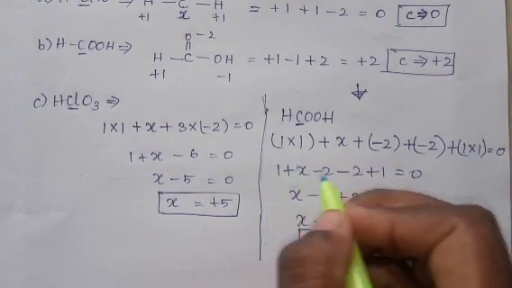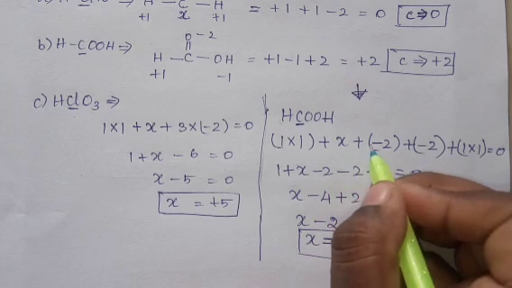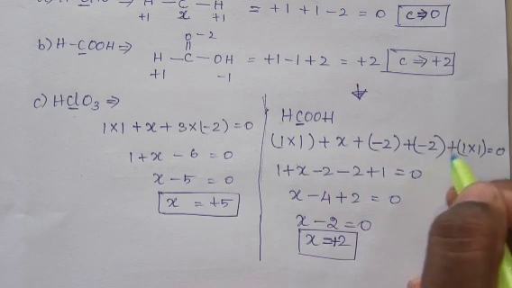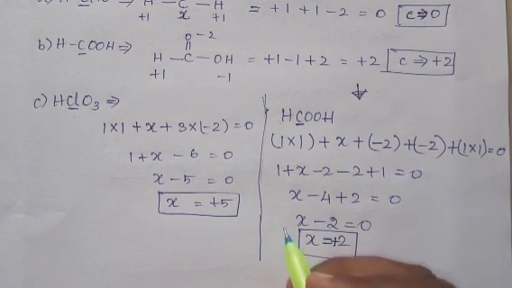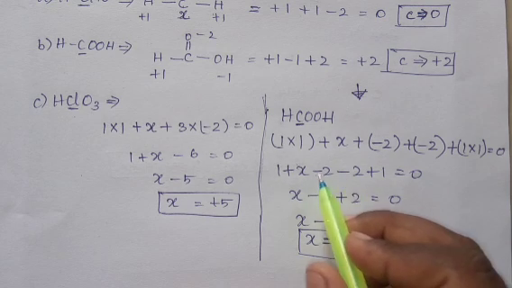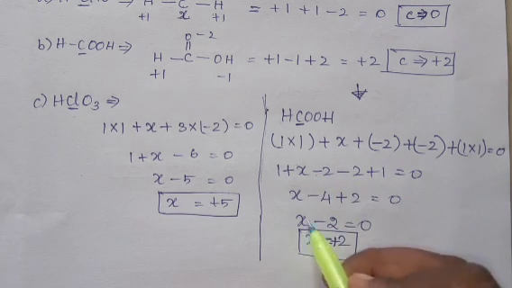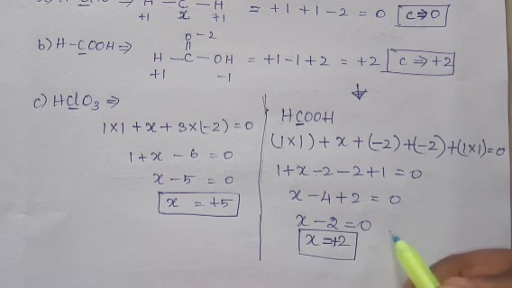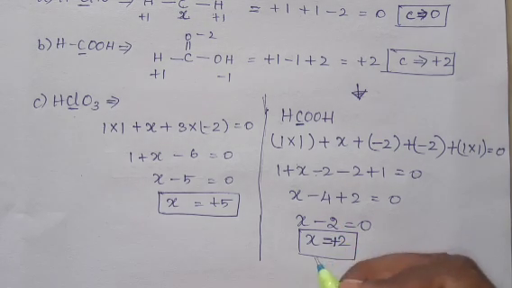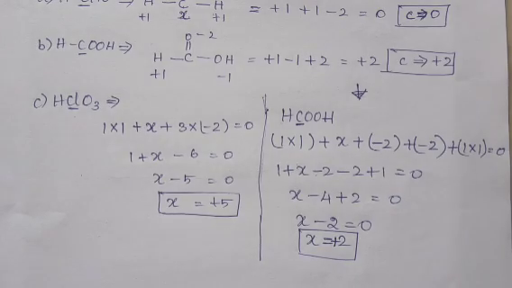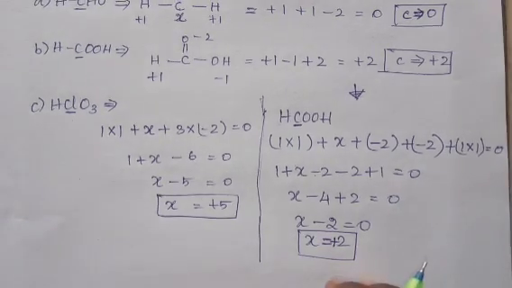Next, 1 plus X minus 2 plus 1 is equal to 0. If you are adding this, minus 4 plus 2 is equal to 0, X minus 2 is equal to 0. If you take this side, X is equal to plus 2. So this is the answer for the second one.